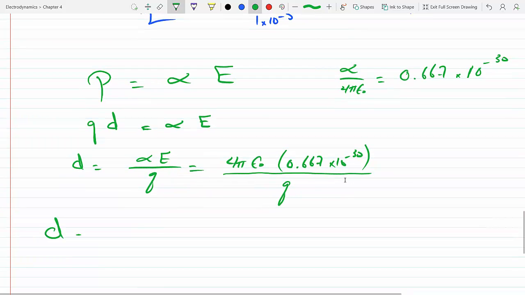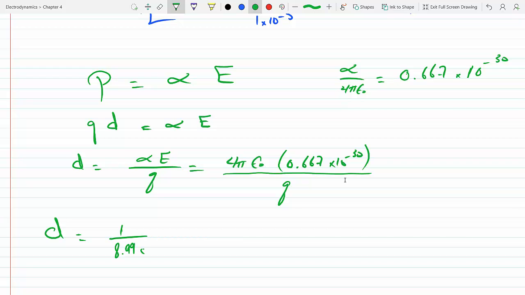Okay, so if you remember, 1 over 4 pi epsilon is 8.99 times 10 to the 9. So 4 pi epsilon is 1 over 8.99 times 10 to the 9, times 0.667 times 10 to the minus 30, and then Q, the charge of the electron, because it's one atom with one electron, is 1.6 times 10 to the minus 19.